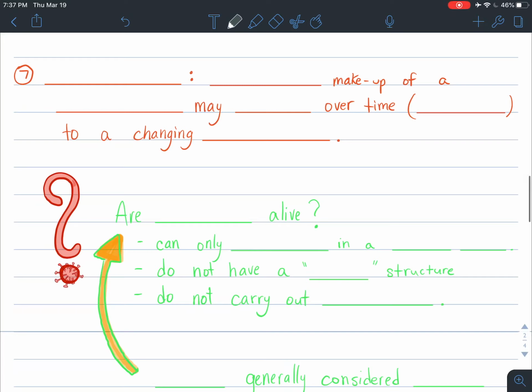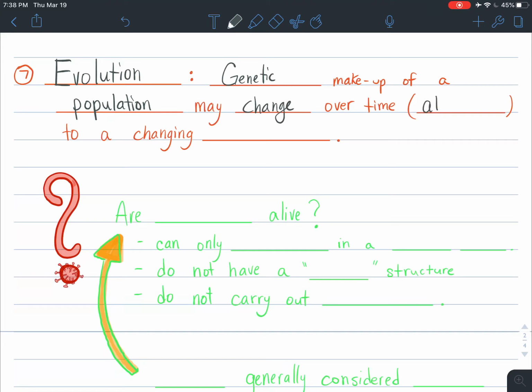Speaking of a changing environment, let's go to number 7. It's the ability for a species, if we think about the whole species, the population, to go through evolution. Let's break that apart a little bit. So basically it means that the DNA makeup of a population, not of one organism, but if we look at all the organisms in a group, that population, the genetic makeup of a population may change over time.